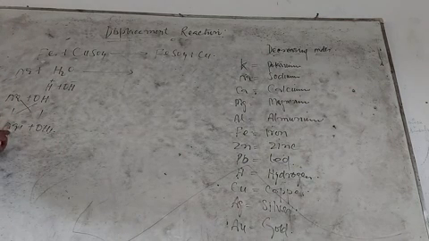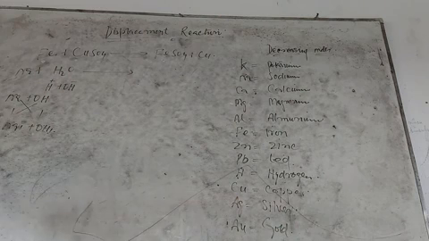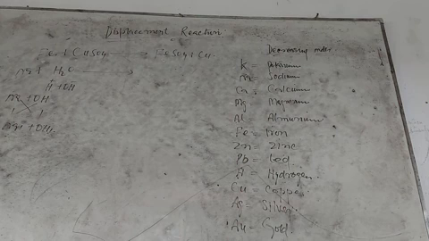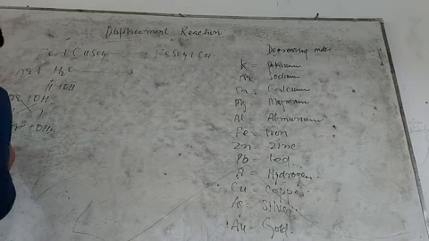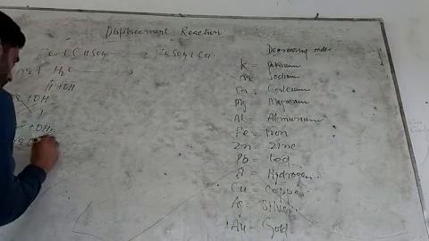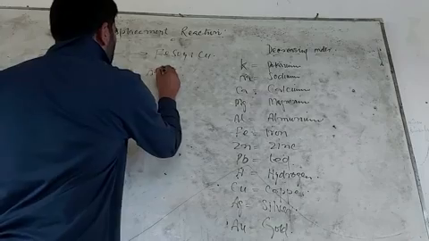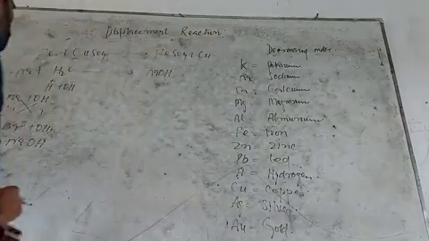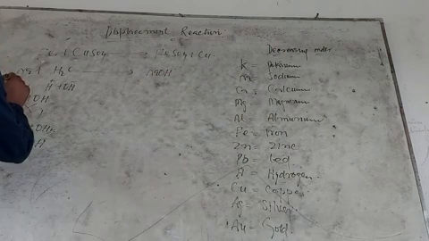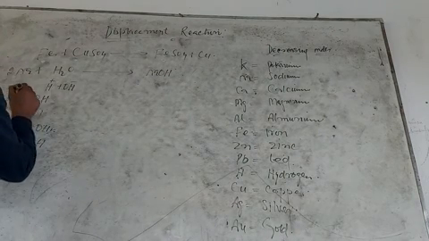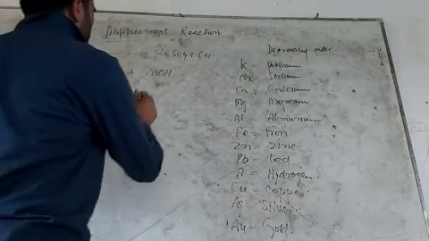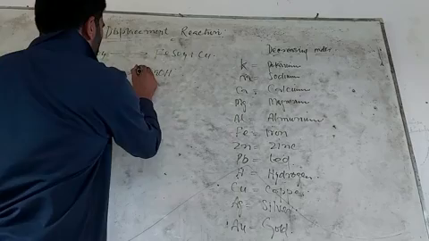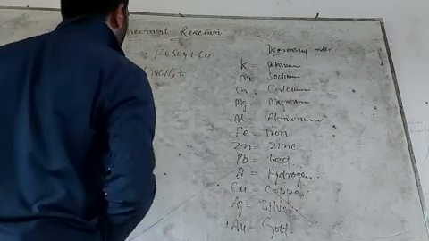Since both elements have the same valency, the numbers are the same, so they will cancel out. So we will get NaOH. To balance this equation, we write 2 Na plus 2 H2O gives 2 NaOH.